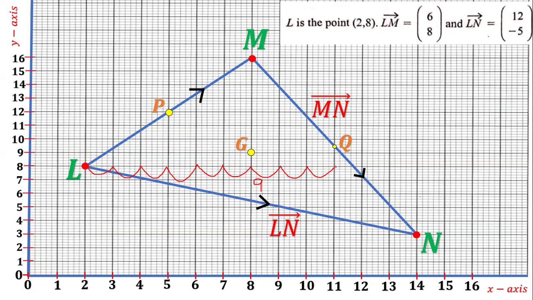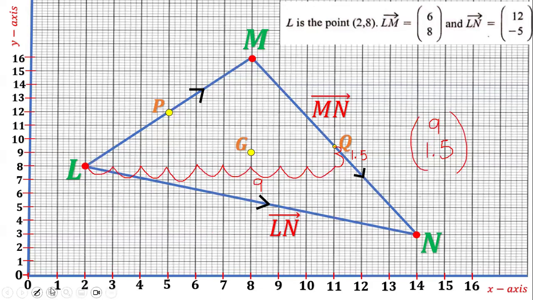And then we have 1 and then 0.5, which means that in the Y direction, it's going to be 1.5. So LQ is equal to 9 in the X component, and then in the Y component, we have positive 1.5. That's what LQ is.